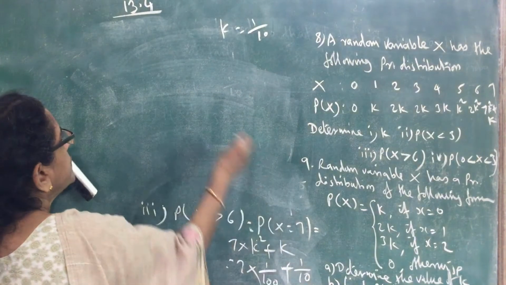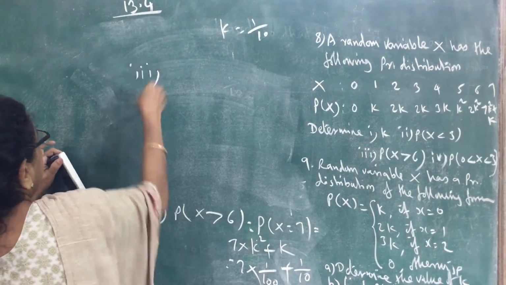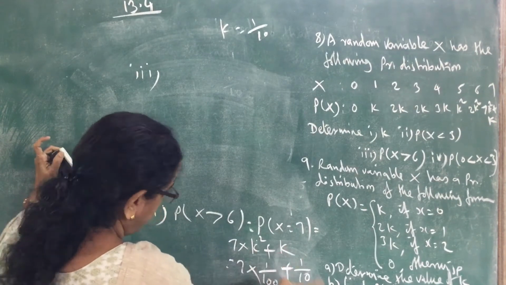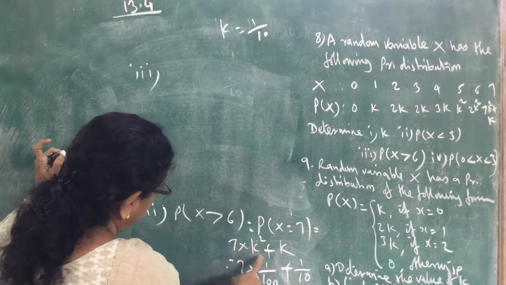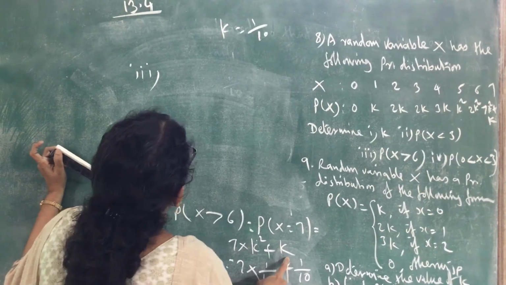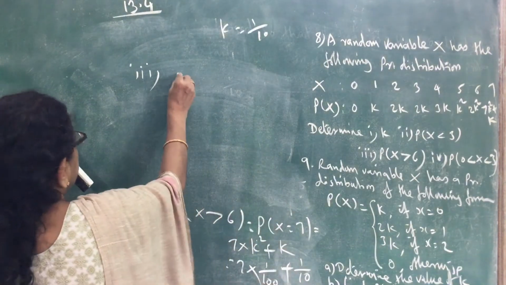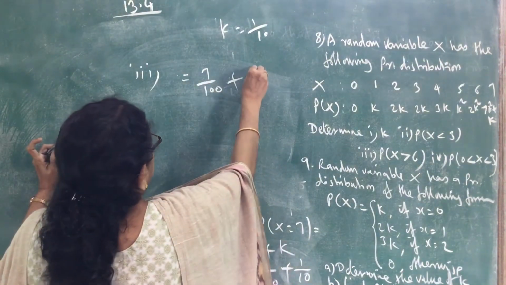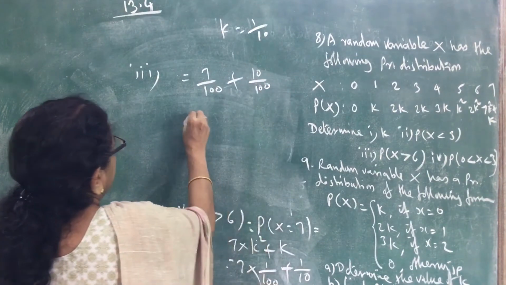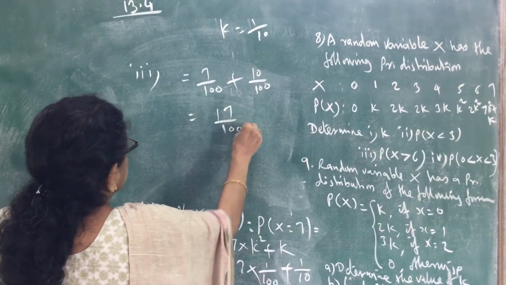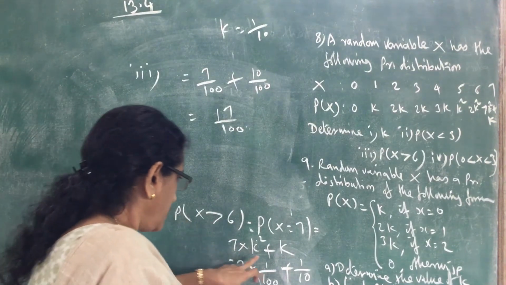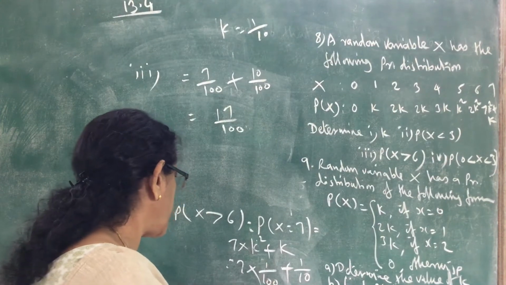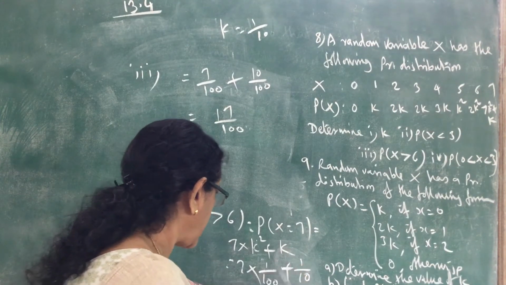So that is equal to the third one. X greater than 6, x equal to 7, 7k square plus k. 7 into k square, 1 by 10 whole square, 1 by 100, plus k, 1 by 10.